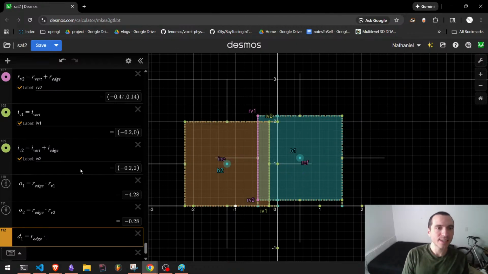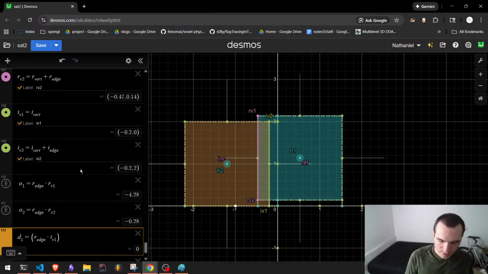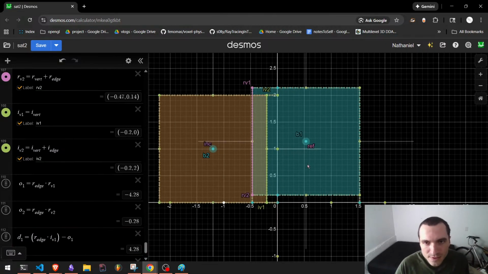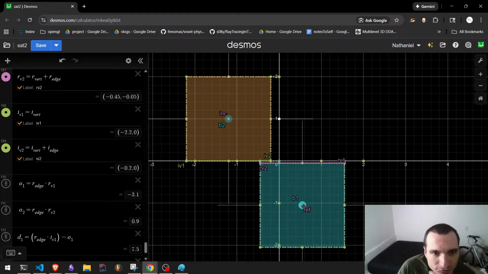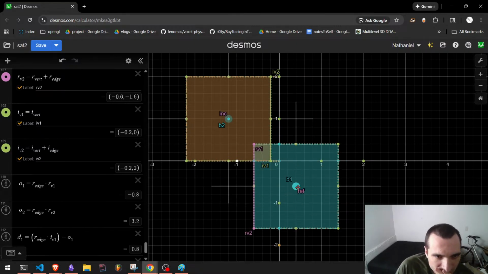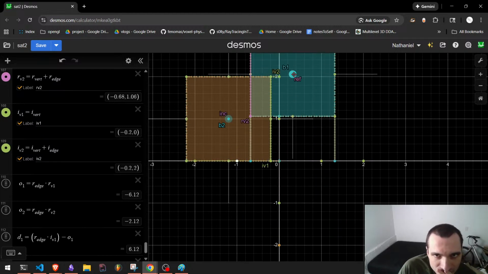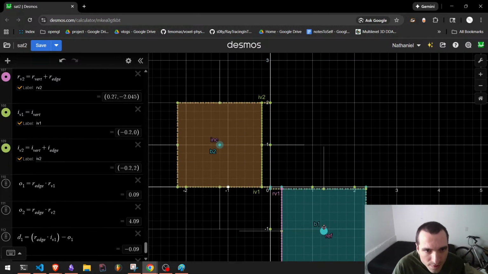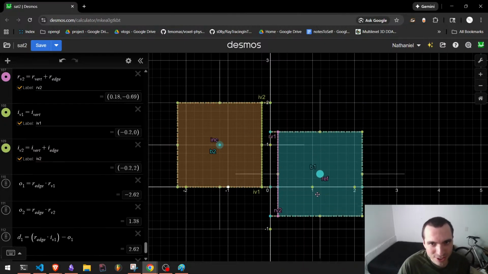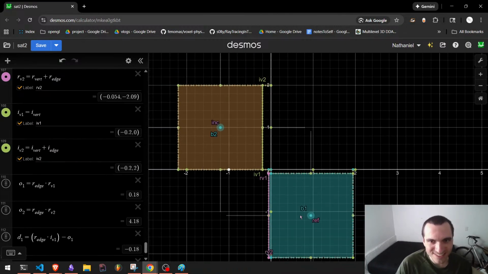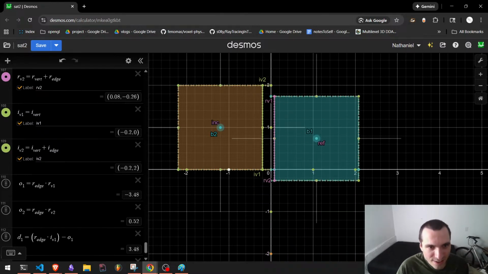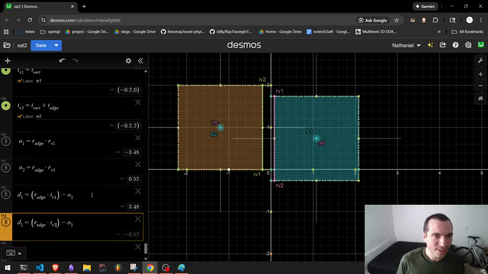Between the reference edge and the incident vertex IV1 minus O1. Let's see if that makes sense. Yes. Okay. Because we're clipping what's happening, you'll see it once we start drawing it, but we're just clipping the incident vertices along the reference edge. This is the clipping step.